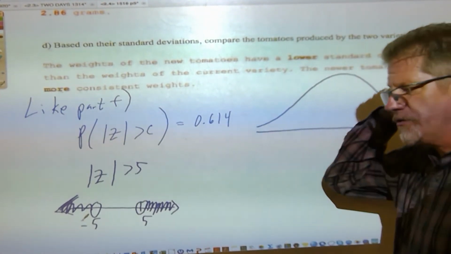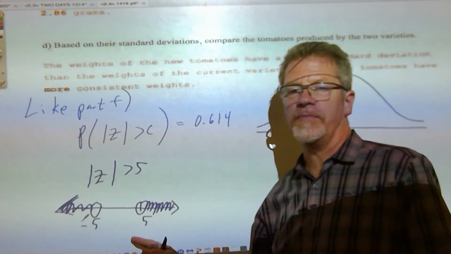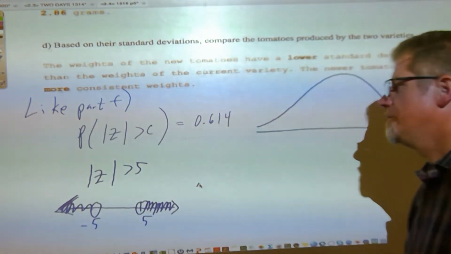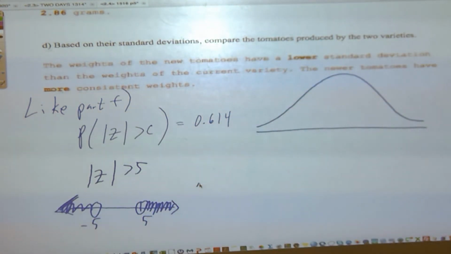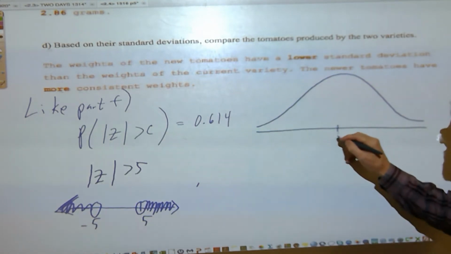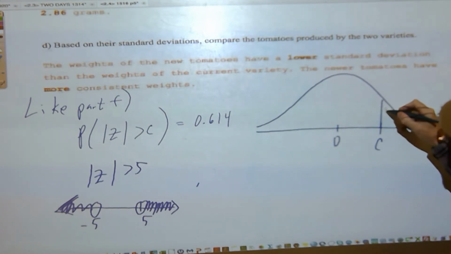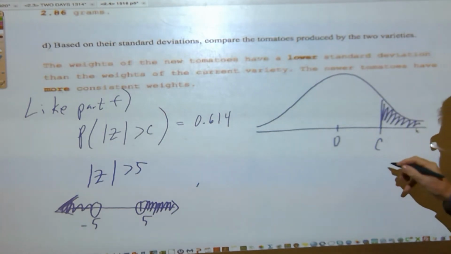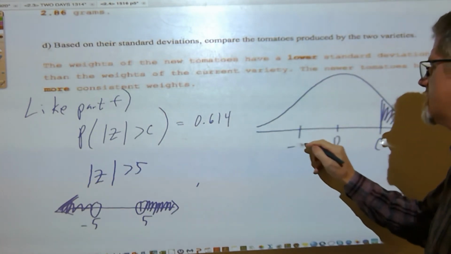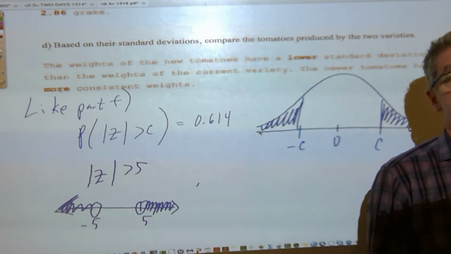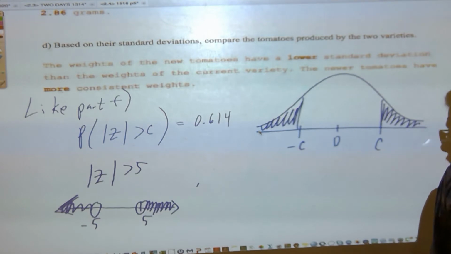So the absolute value of Z being greater than C means, here's 0, we're talking about all the Z scores greater than C and less than -C. So this is your picture for finding the probability.